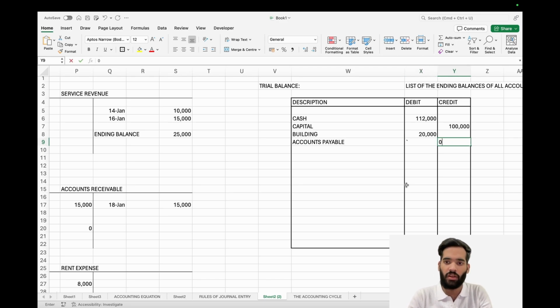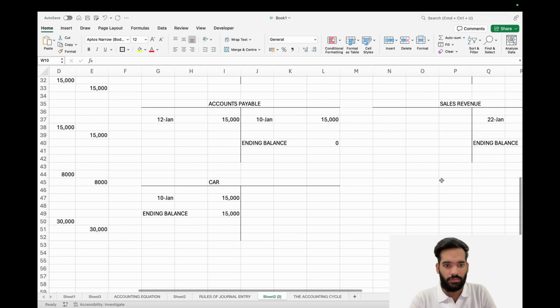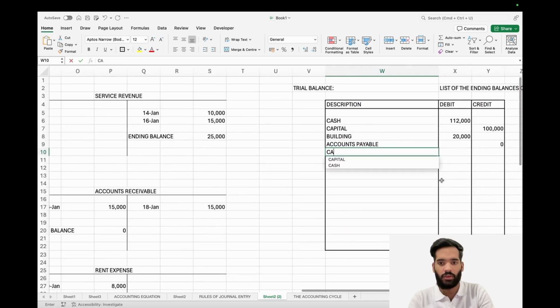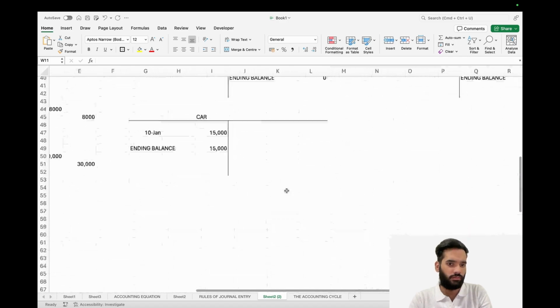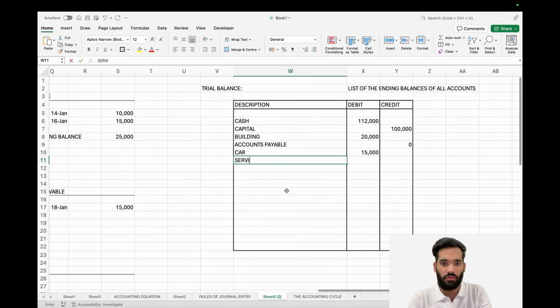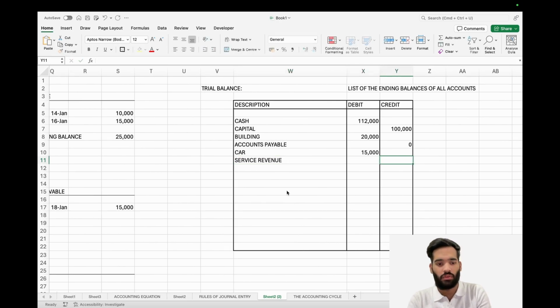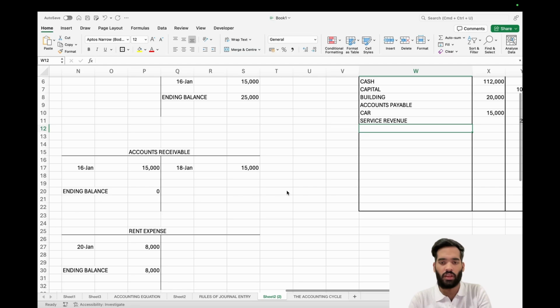It doesn't really matter if we mention it or not. Okay, car 15,000 debit. And then service revenue 25,000 credit. Again, I'm literally just putting it on the increase side where the account increases.